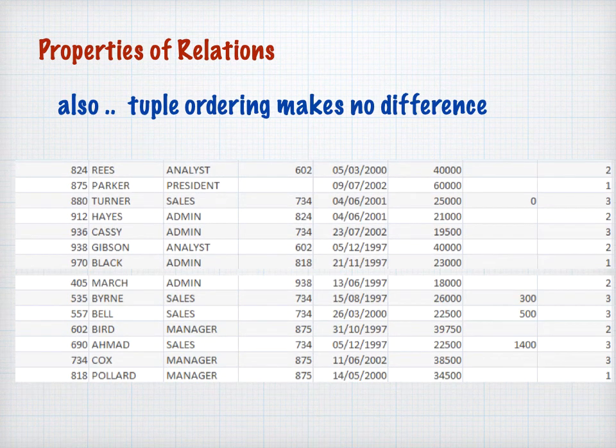Now, I'm not saying that ordering never occurs, because, for example, we could grab that data and print it out, or print it to a screen in a particular order. I'm talking about the way that the data is actually stored inside the relation.